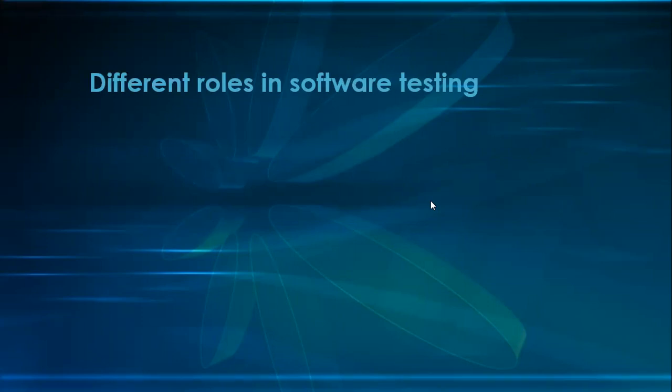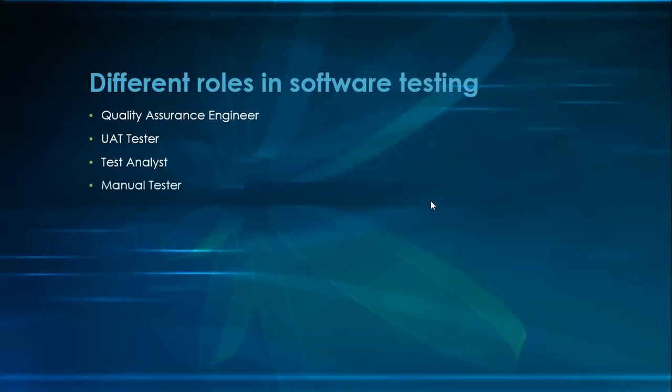As a manual tester, you can be called a quality assurance engineer. You can be a UAT tester, UAT meaning user acceptance tester. You can be called a test analyst, a manual tester, a web tester, a QA, that's quality assurance test analyst.